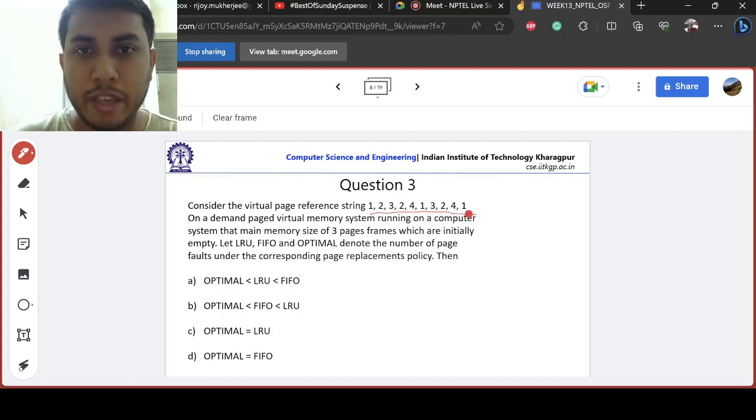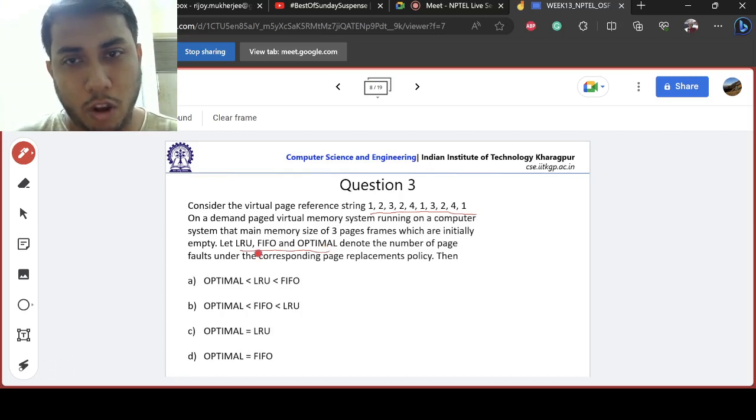We will be using LRU, optimal, and FIFO page replacement. What are the page faults for each, and which of the options will be correct?